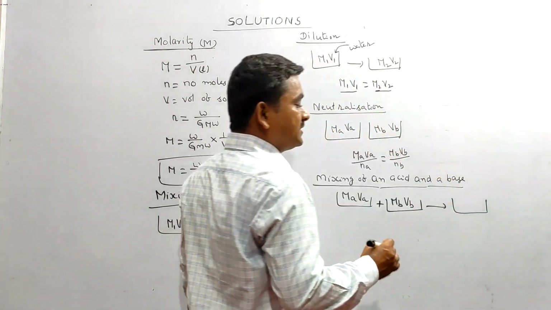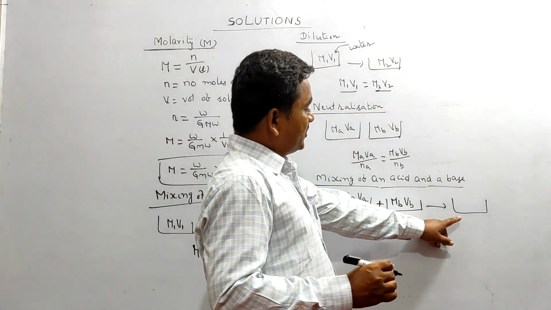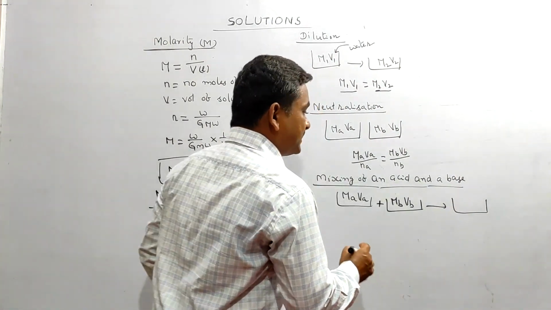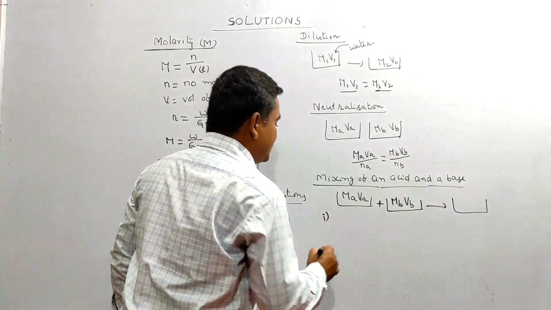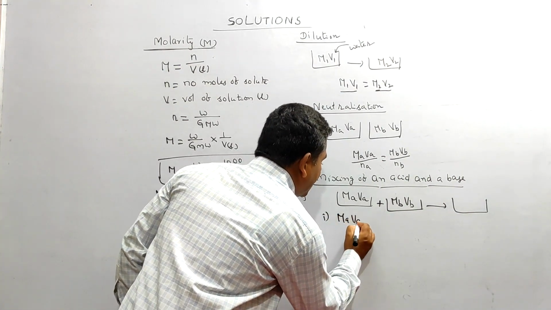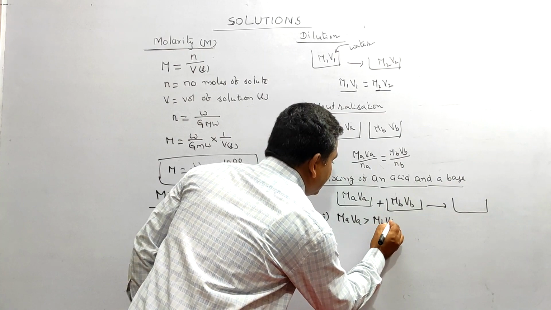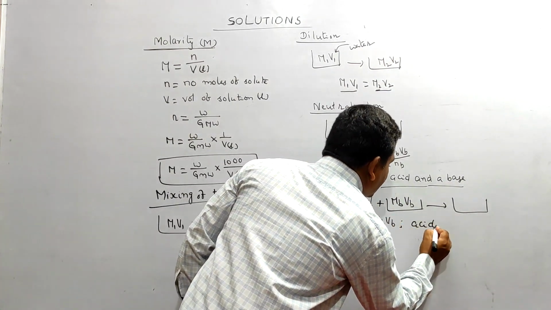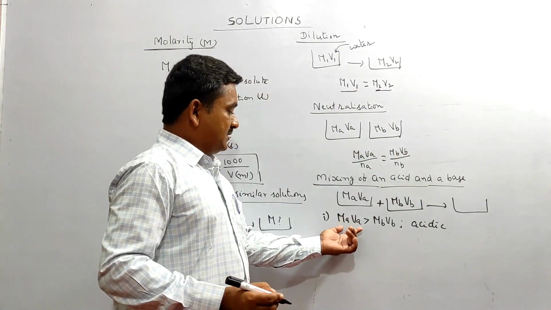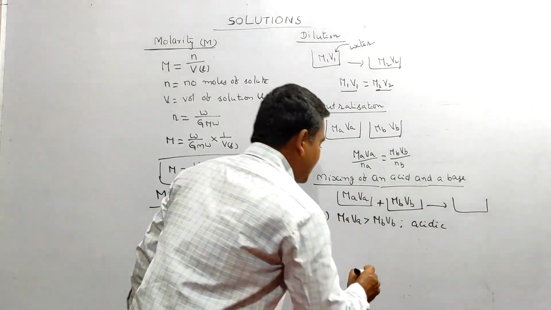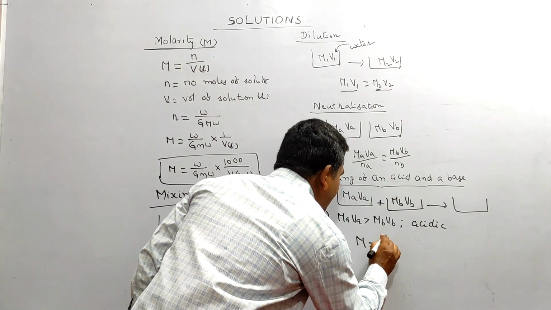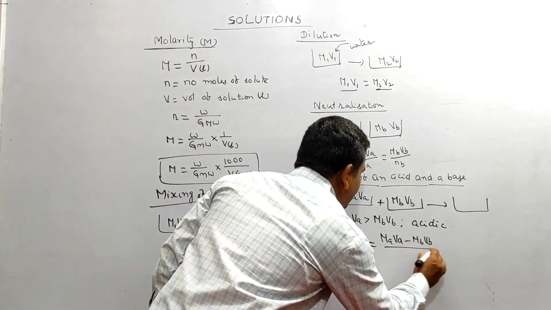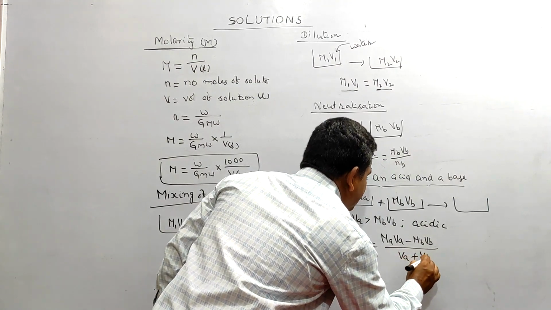What is the nature of resultant solution? Whether the resultant solution is acid or base, and how to find its concentration. There are two possibilities. If MaVa is greater than MbVb, this solution will be acidic because MaVa is greater. How to find its molarity? MaVa minus MbVb by Va plus Vb.